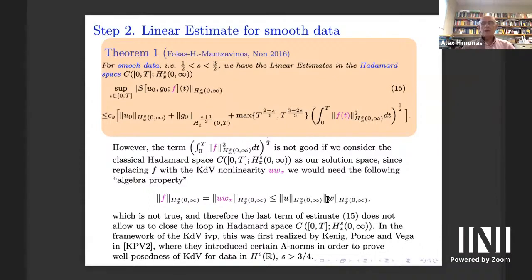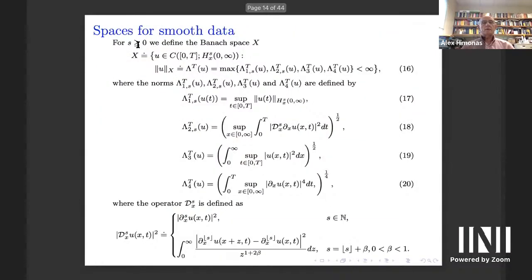And then in 1991, Kenig, Ponce, and Vega produced a new space X, which is a subset of the Hadamard space, defined via these four lambda norms. The first norm is the Hadamard norm, and there are these ones. I'm not going to take time, and if you have not seen them, you're not going to absorb them now.